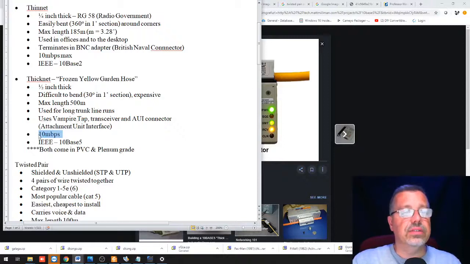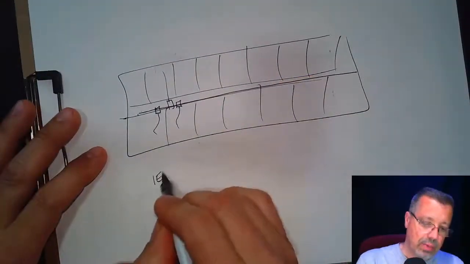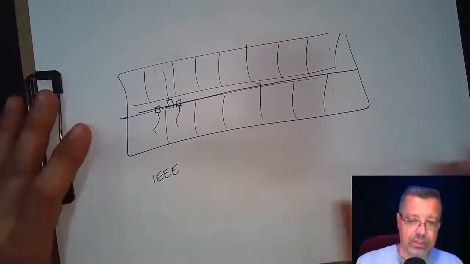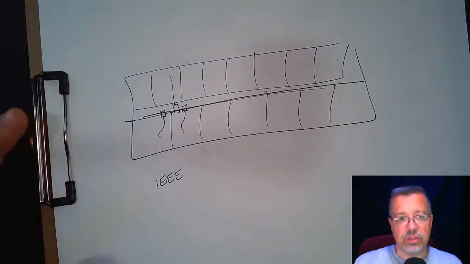There we go. All right. Because it is standard Ethernet, it was 10 megabit. And when we go to the IEEE naming scheme, remember that the Institute of Electrical and Electronics Engineers sets up the standardization for naming and specifications for cabling.